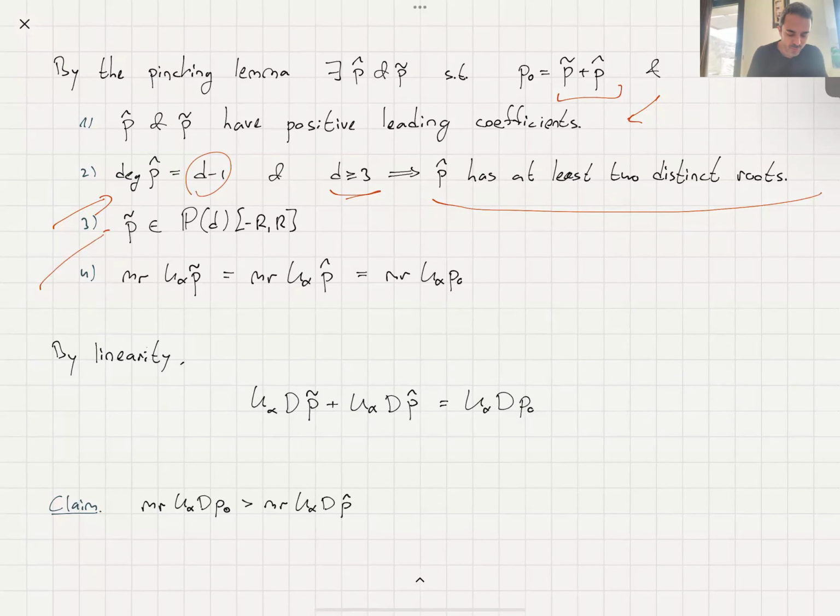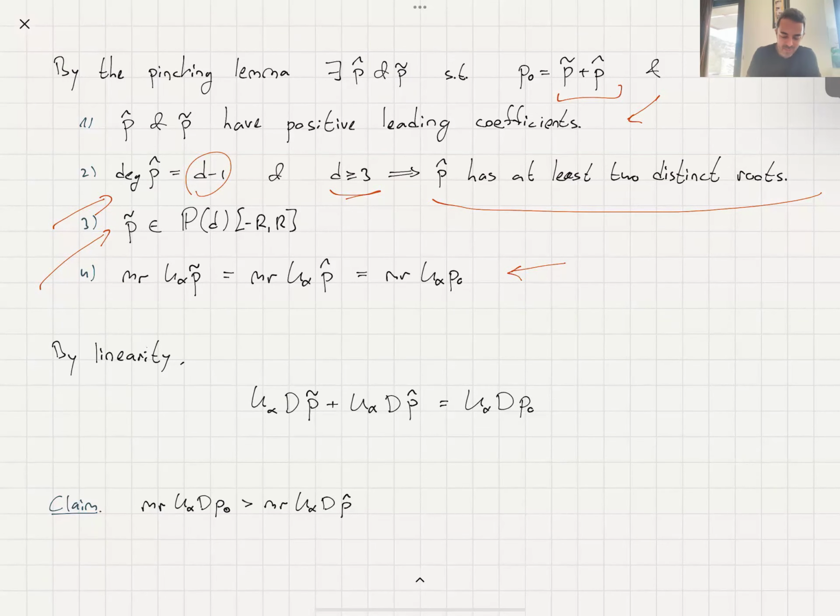And we also know that p tilde is a polynomial whose roots are between minus r and r, right? Because p tilde had this mu as a new root, and mu was between lambda 1 and lambda k, if you remember. So all of its roots are interlaced between the roots of p0 in this case. And the maximum roots are all the same for p tilde and p hat.